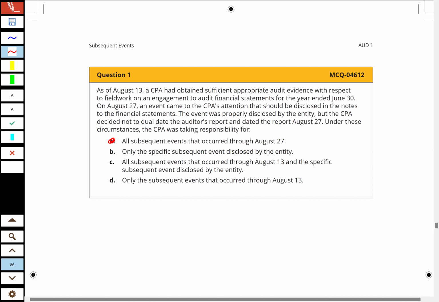Well, now that CPA has taken responsibility for anything else that might have happened between August 13th and the 27th. C is what happens when you would have dual dated the report. Then you would have limited your responsibility to specifically called out other dates for specific events. Good question.